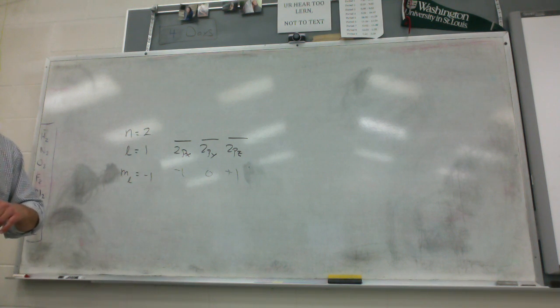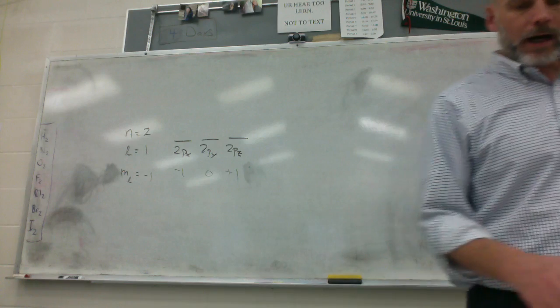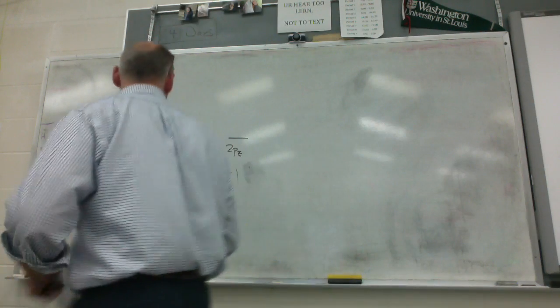Like when n is equal to 2, L can't be equal to 2. L can't be equal to 2 if n's 2. Is it always n minus 1 that is equal to L? L is inclusive, starting at 0, up to n minus 1. Depending on which one. Listen, it'll happen, don't worry. All right, now, before I go any further, I want to do this.